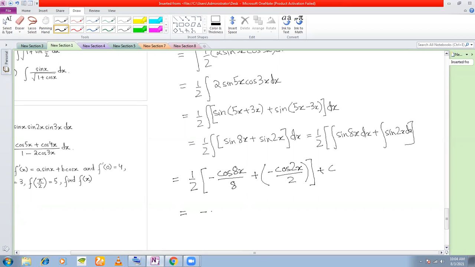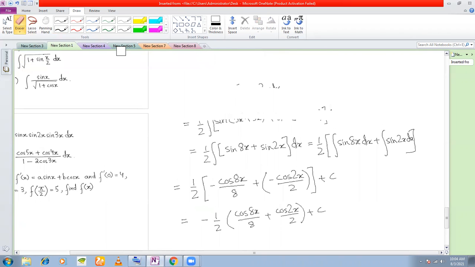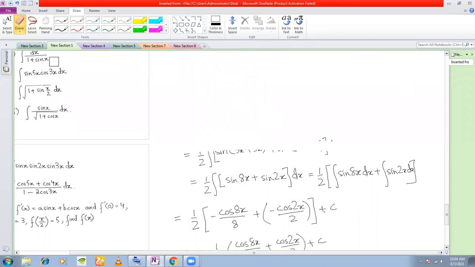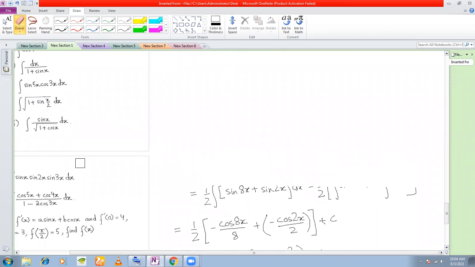So you can write this as minus half cos 8x by 8 plus cos 2x by 2 plus c. And that is your answer. Okay. So whenever you see a product of trigonometric functions, always try to change it to a sum and then integrate.